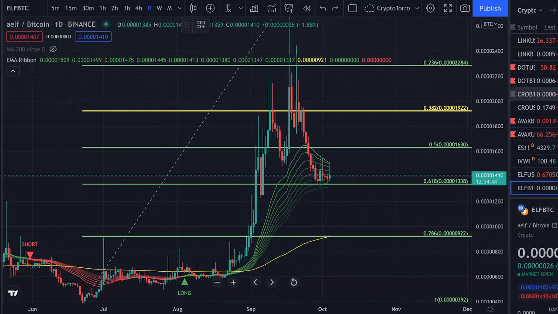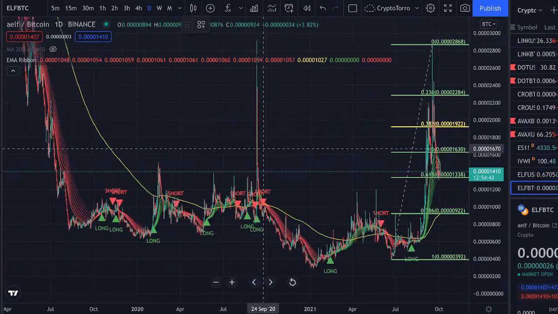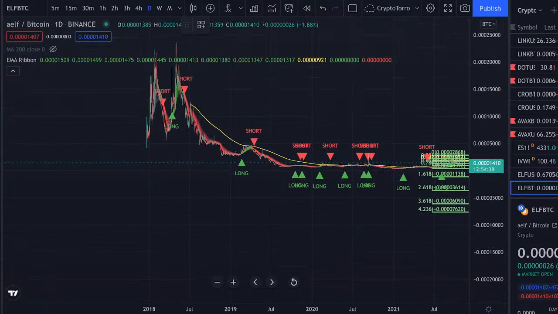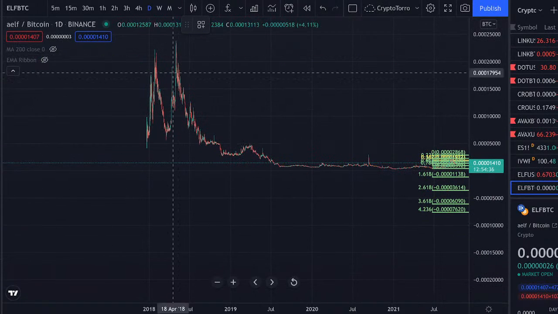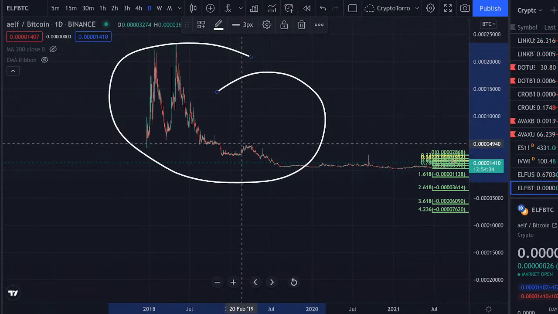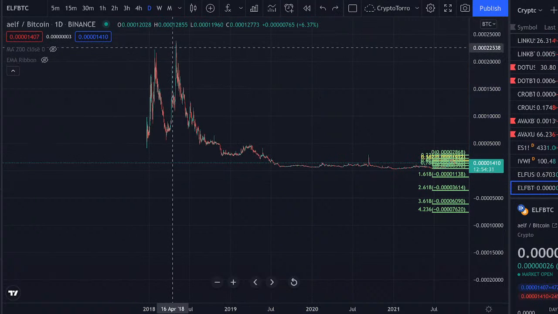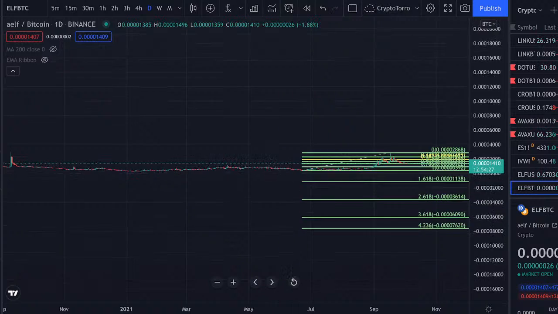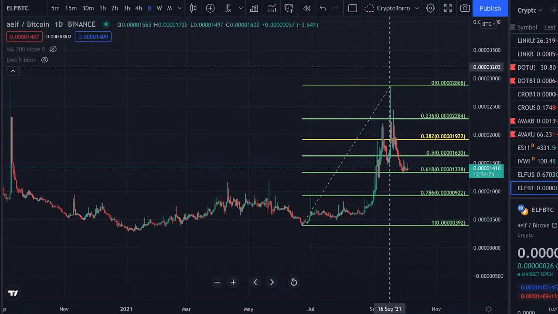We have seen a major movement towards the upside in the past. We have seen this major parabolic increase when it began, but afterwards you can clearly see we saw this major steep decline, and we are right now at this point in time.